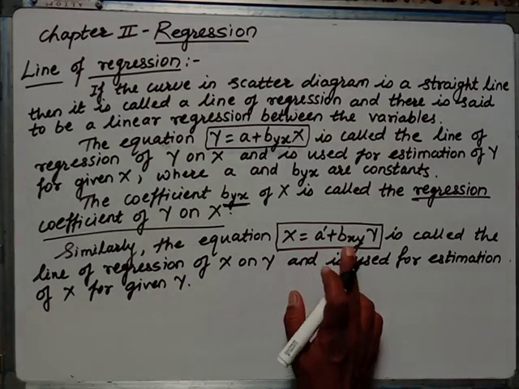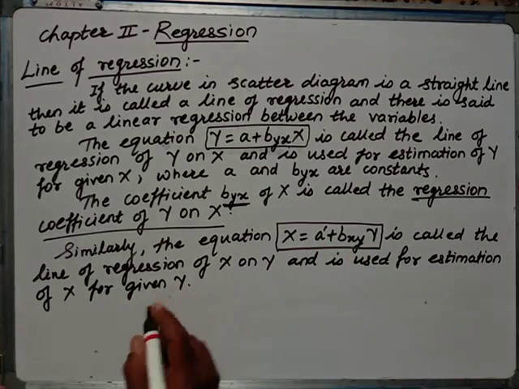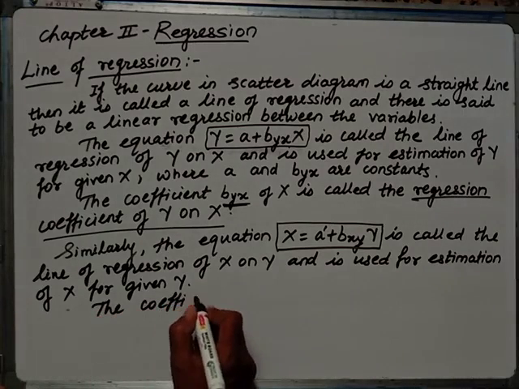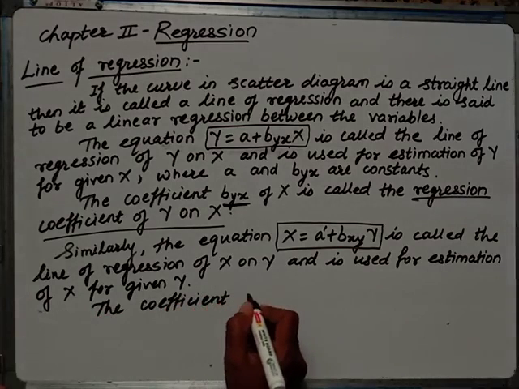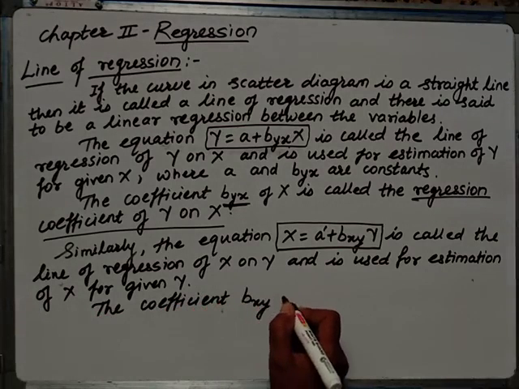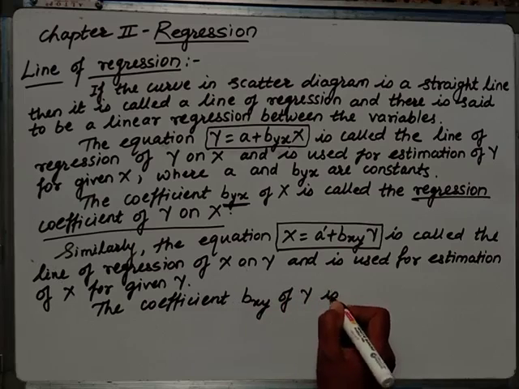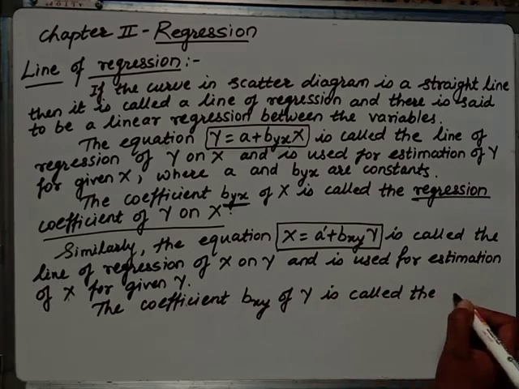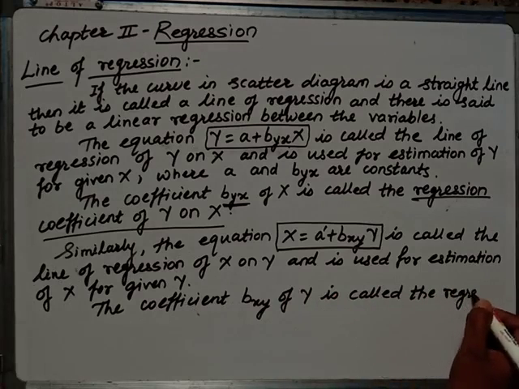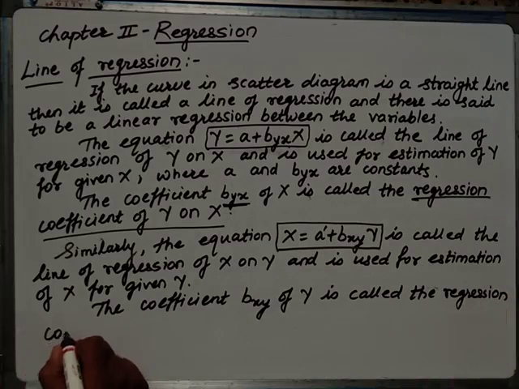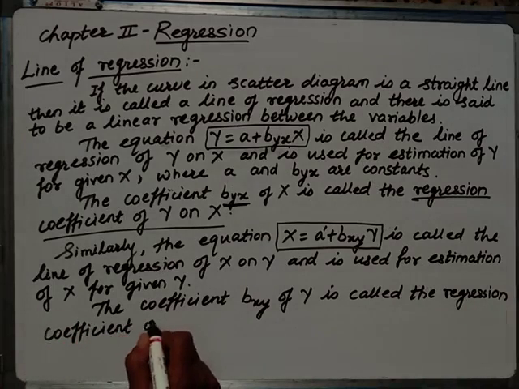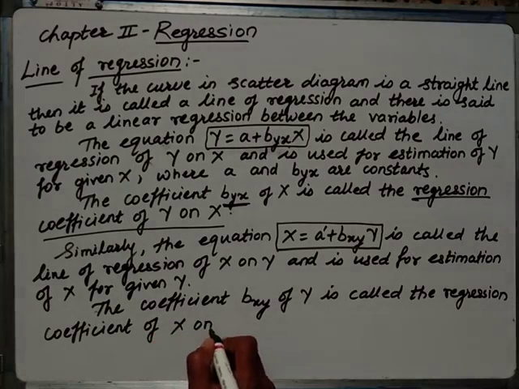Here also this a dash and bxy are constants, and the coefficient bxy of y is called the regression coefficient of x on y.